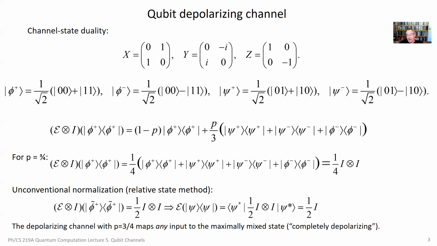But because psi star is a normalized state, that's just 1/2 the identity for the output qubit from the channel.